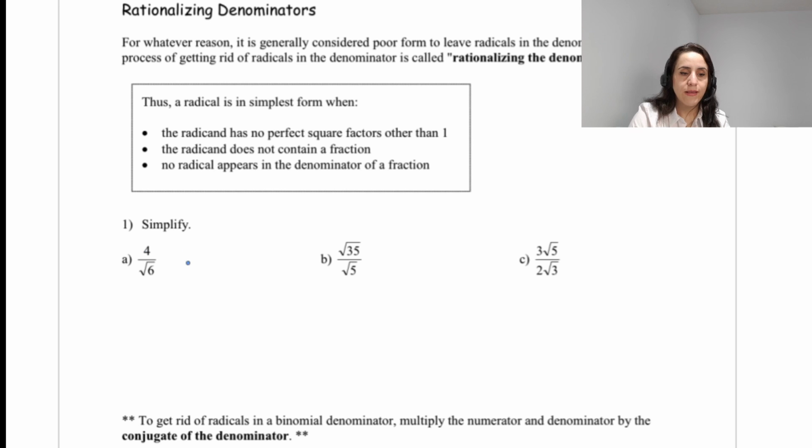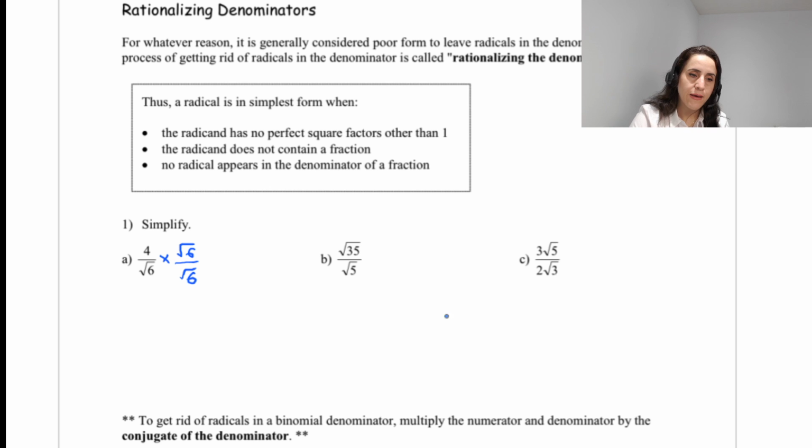These are the steps that we are taking. Here, I'm going to multiply numerator and denominator by the same number. It looks like I'm multiplying by 1, and we know that multiplying by 1 doesn't change the value of the number. I choose that number 1 to be radical 6 over radical 6.